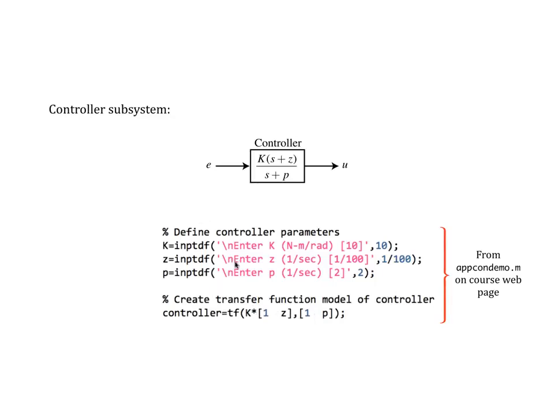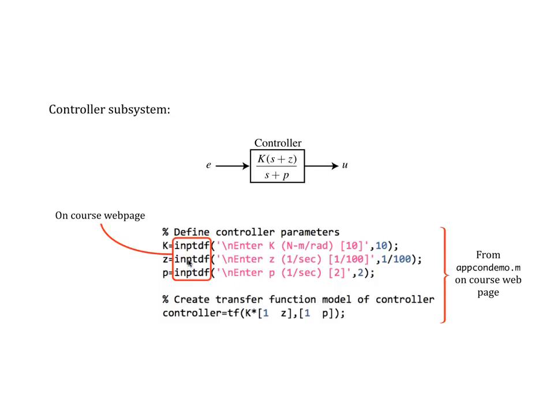Those values are defined in these 3 lines above, and in connection with that definition, I'm using another MATLAB M file, inptdf.m. This is a little M file that I wrote. It's available now on the course webpage.